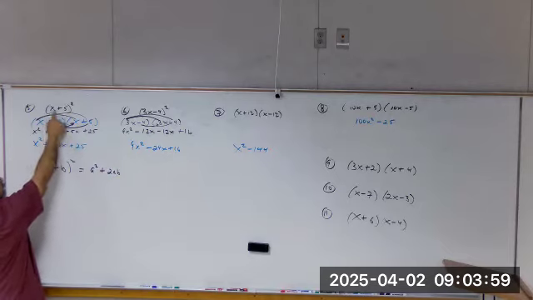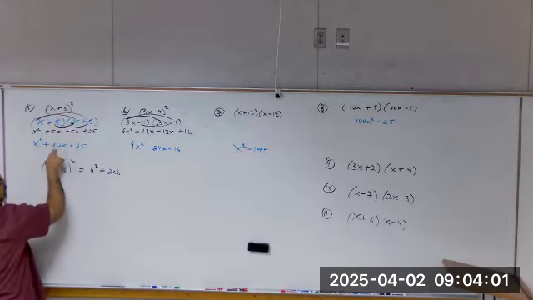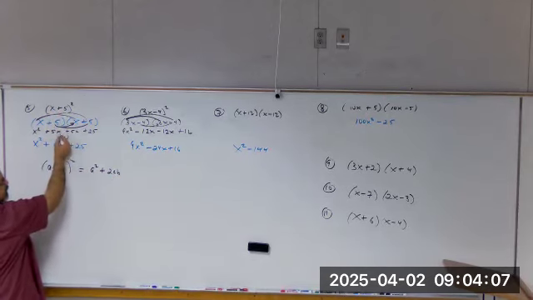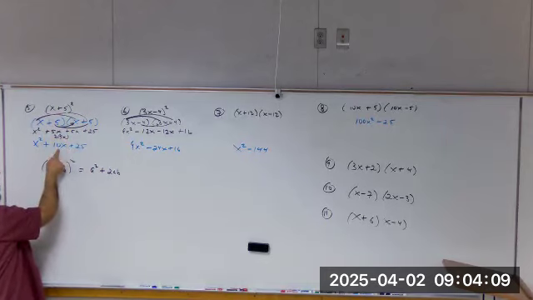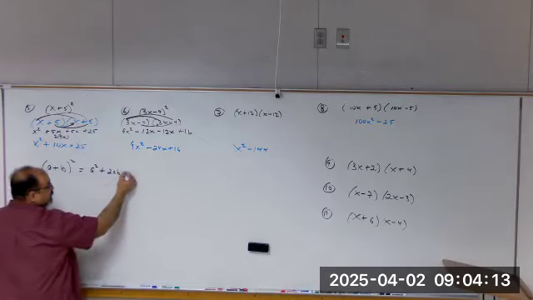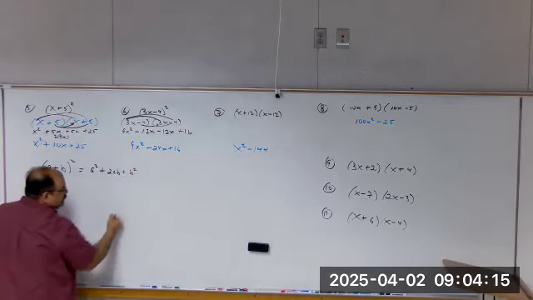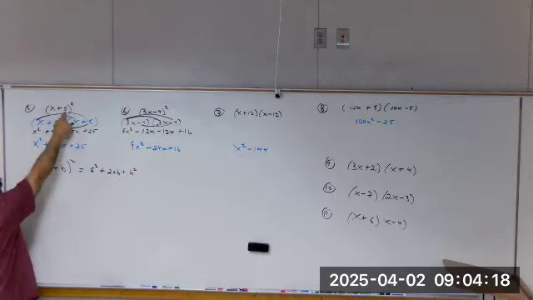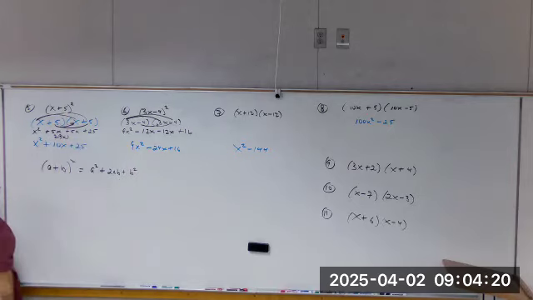So I multiply X and 5, I get 5X, and then I double it. Double 5X, and I get 10X in the middle, 2AB. And then it's plus B squared. B is a 5, 5 squared is 25.